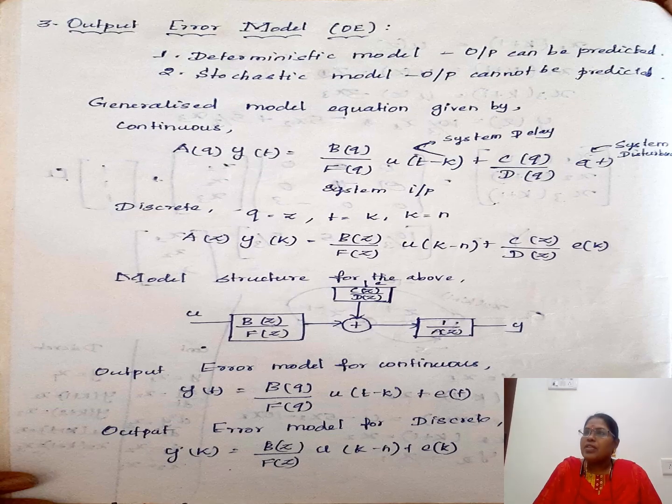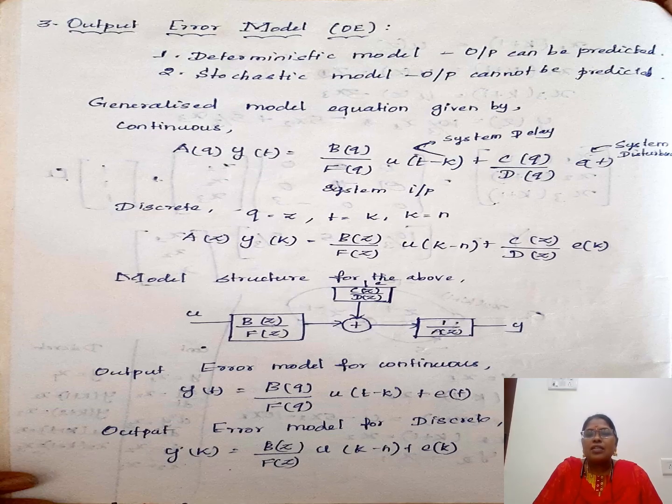The same equation we can convert into a discrete system. Wherever you have t, replace it by k, and q will be represented by z because here we are using the z transform. So y(k) = B(z)/F(z) u(k-n) + C(z)/D(z) e(k), and you can draw this as a model structure.